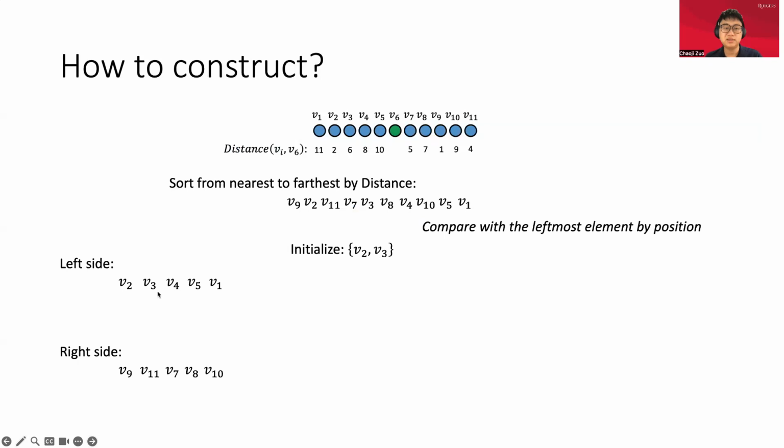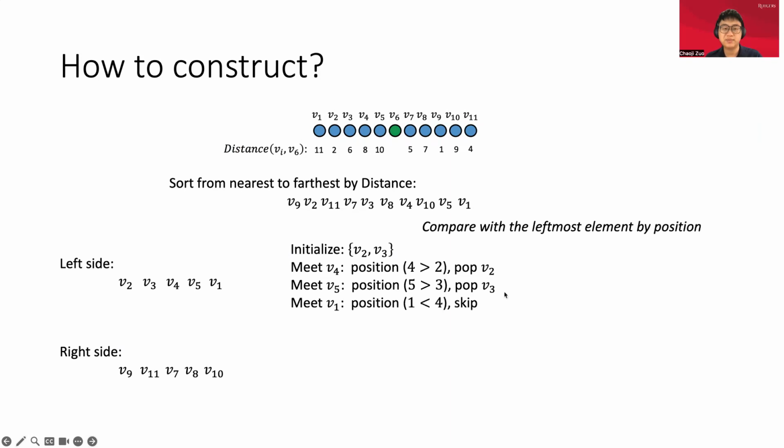Then we will visit all the other vertices one by one and compare with the leftmost element by position. For example, when we meet V4, we find that its position 4 is larger than 2, so we will pop out vertex 2. And when we meet vertex 5, we will also pop out vertex 3.